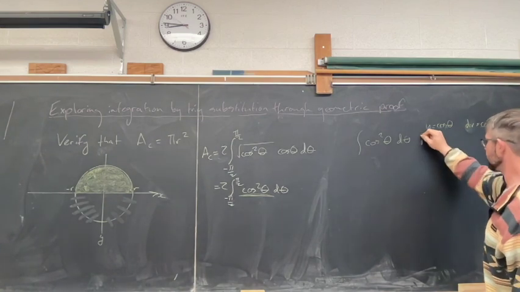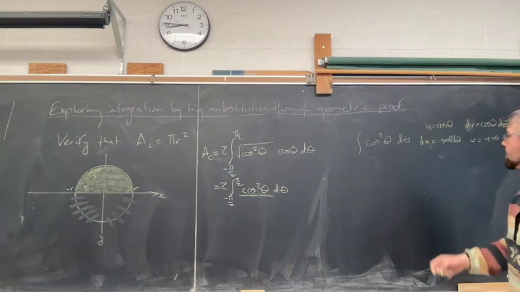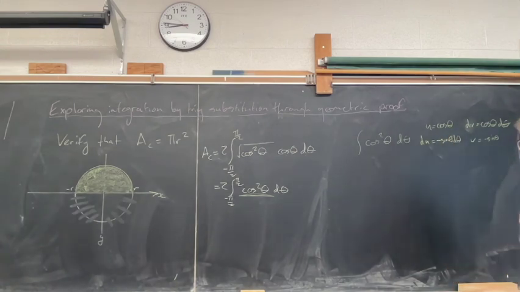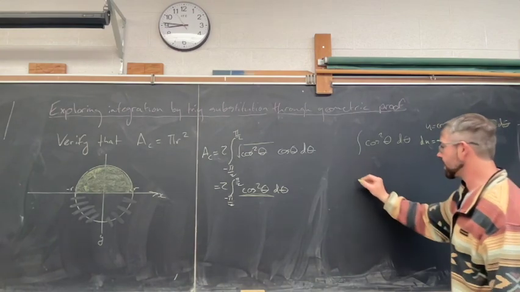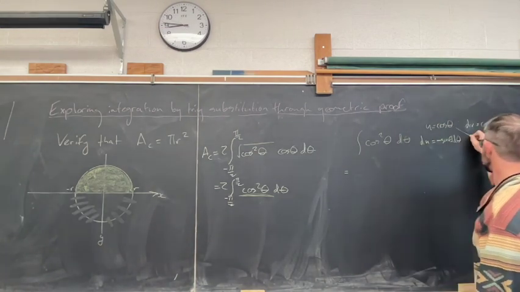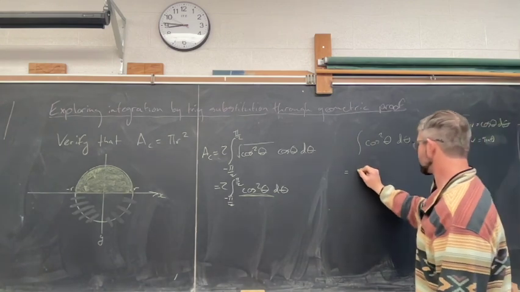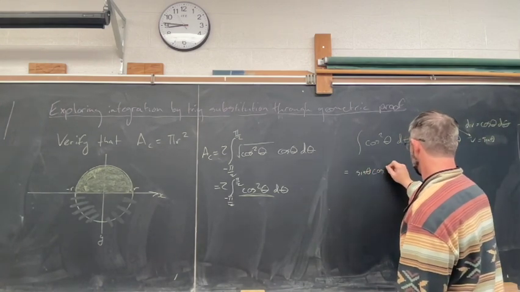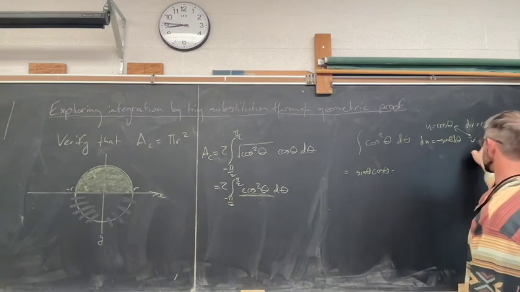Deriving my u is going to get me negative, and of course, we have to be careful that we don't make a sign mistake. So I've got negative sine theta d theta. And over here, I've got my integral of cosine, which is just my antiderivative, sine theta. So now I can use my integration by parts formula. That's uv, so that's going to be sine theta cosine theta, minus v du.